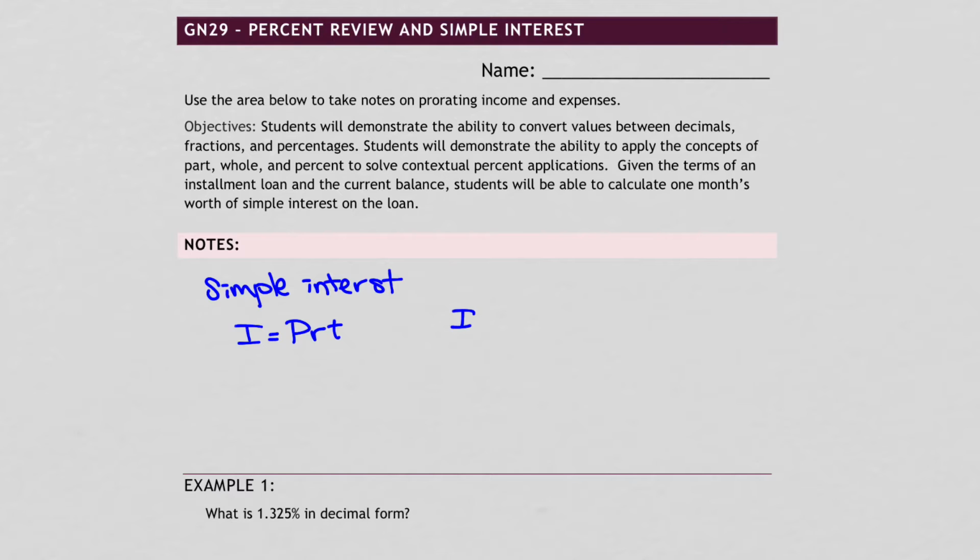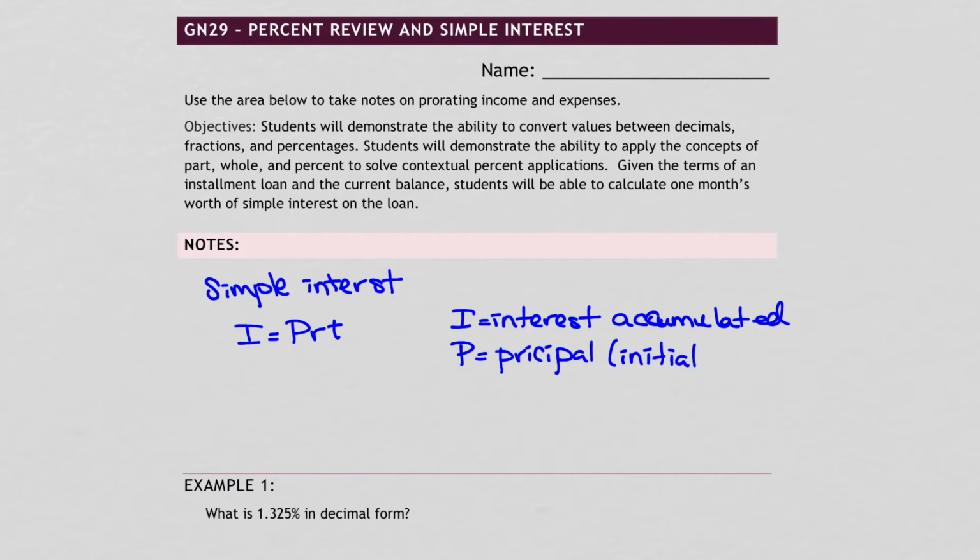And in this formula, I stands for the interest accumulated. P stands for the principal, which is the initial amount, either invested or for the loan.